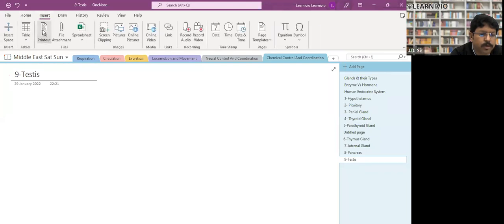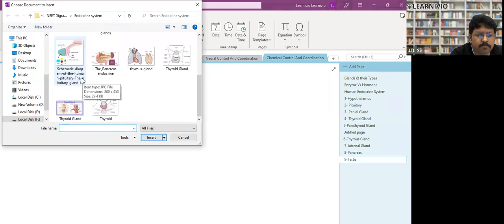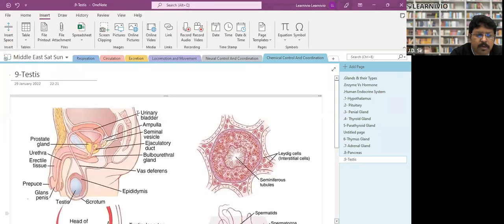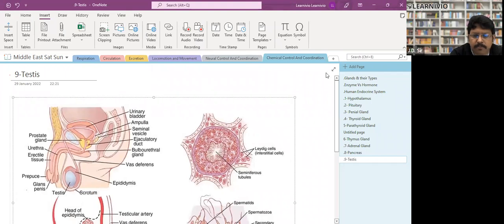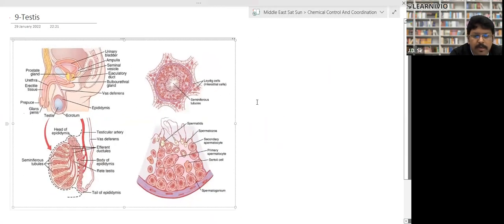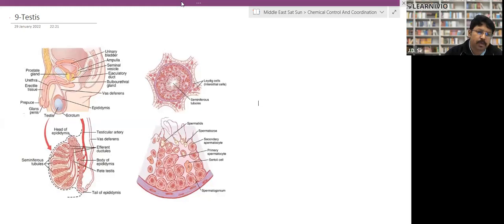In class 12th, human reproduction is our topic, and we will study these systems in detail there. So these are the testes.